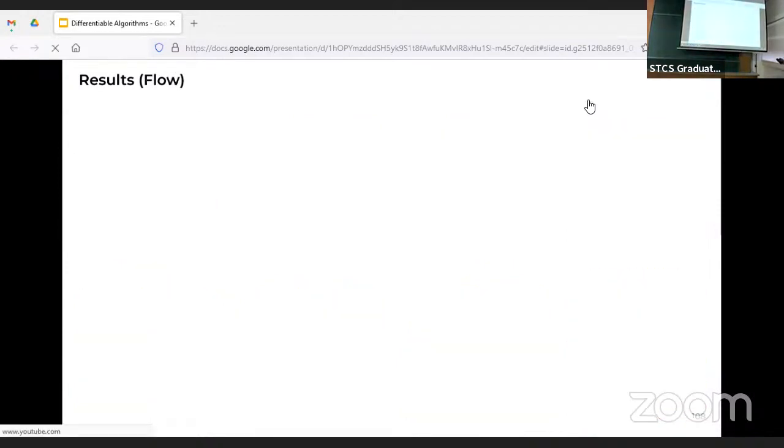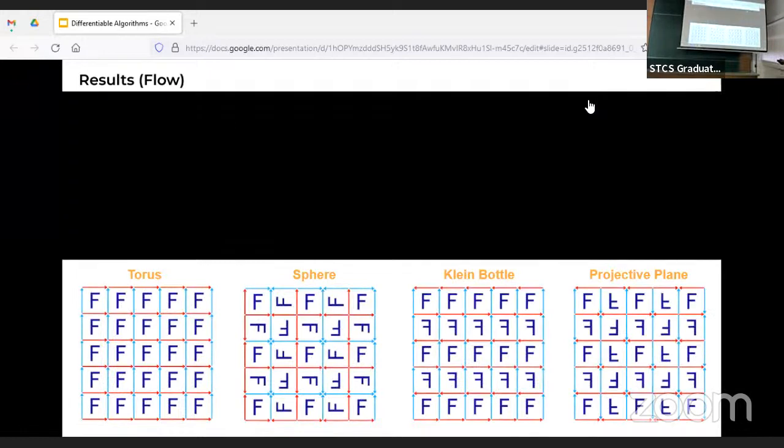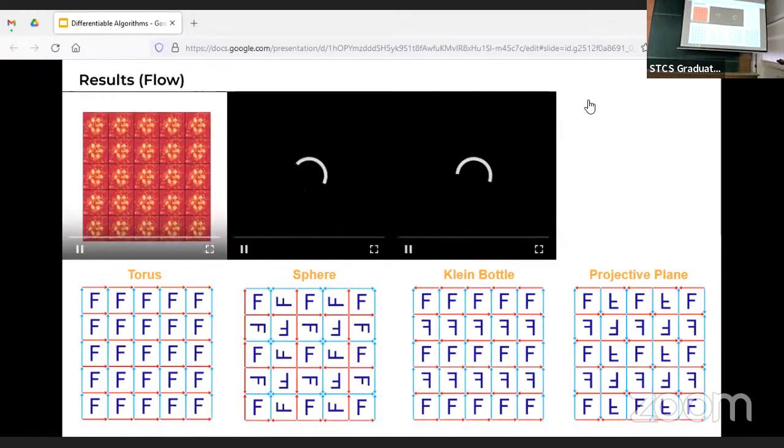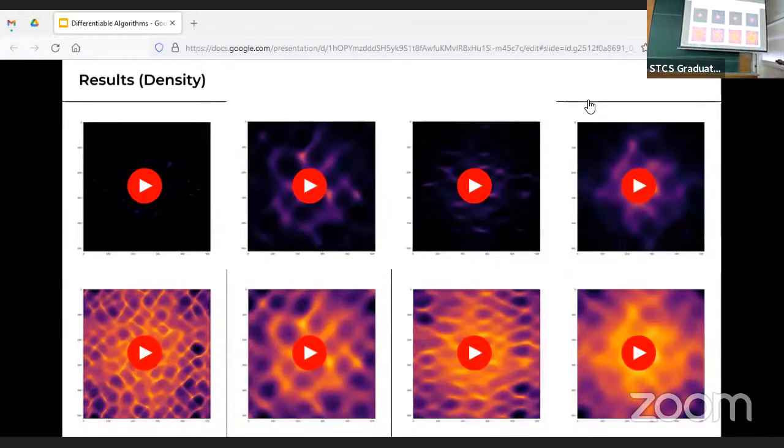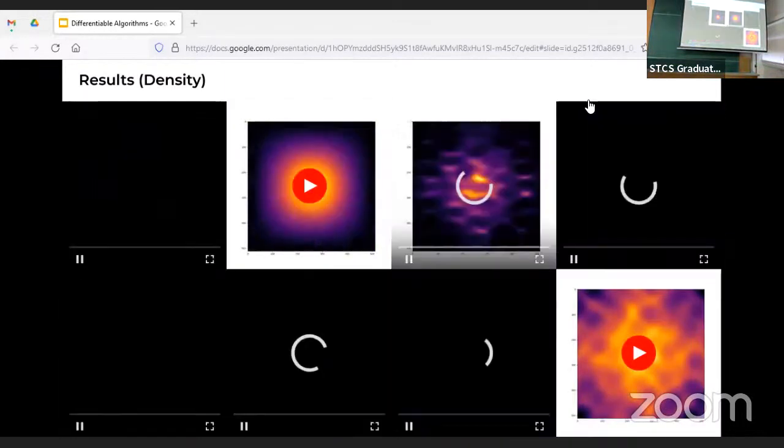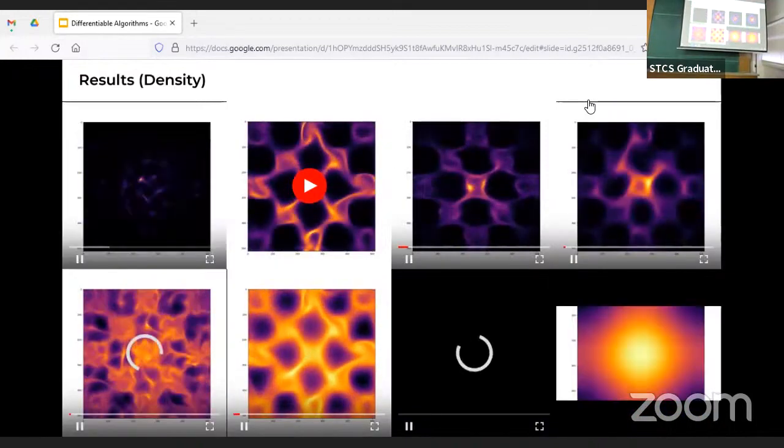And another result for checkerboard, that's the last. Here it tries to learn a checkerboard pattern on all those 4 identification spaces.